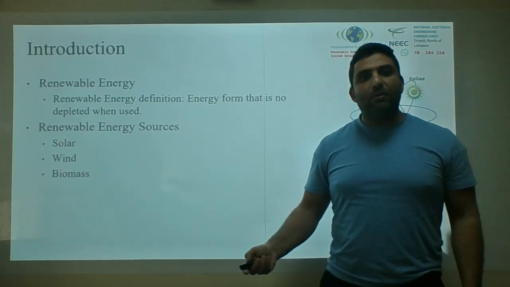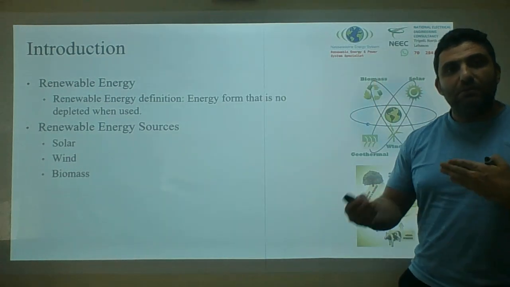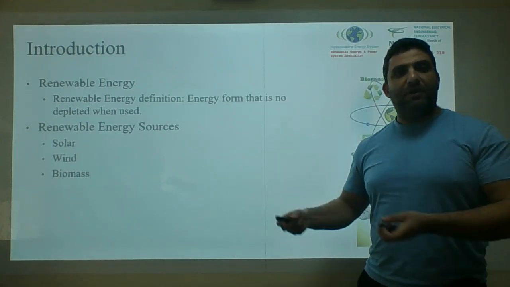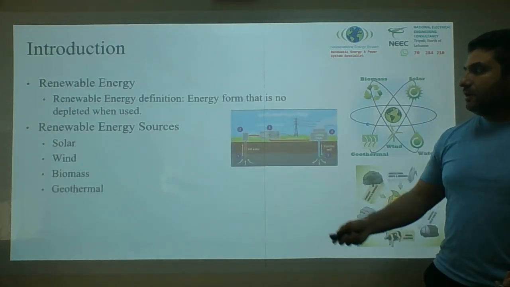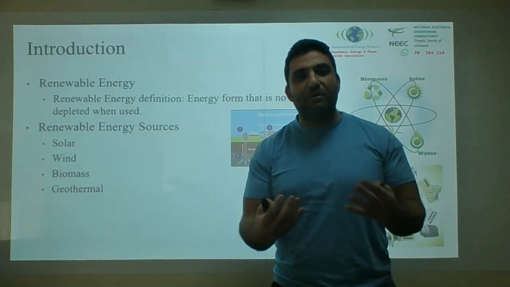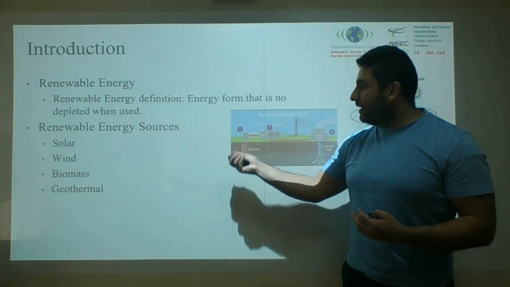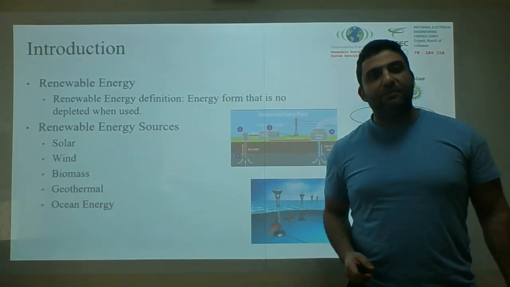Biomass. What's biomass? Basically, it's all our waste from food, from trees, from timber, from all other stuff, animal waste. Geothermal. Our underground system has heat sources that we can use. Ocean energy.